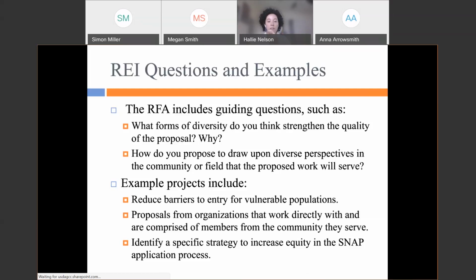Some example projects include projects that reduce technological or process-based barriers to entry for vulnerable populations such as individuals with disabilities, LGBTQ+ persons, and limited English proficiency populations, as an example. Proposals from community-based organizations and/or faith-based organizations that work directly with and are comprised of members from the community they serve. Or proposals that identify a specific strategy to increase equity in the SNAP application process.